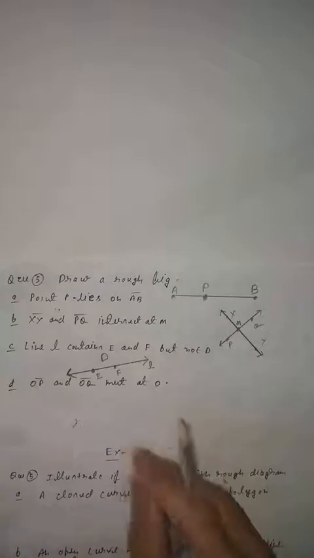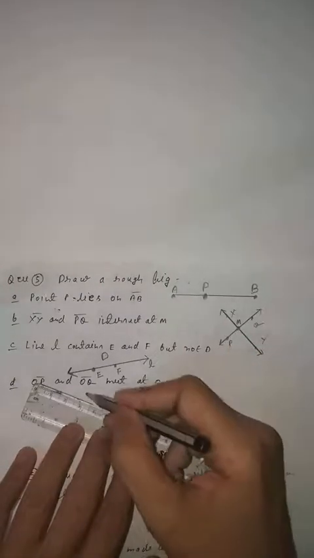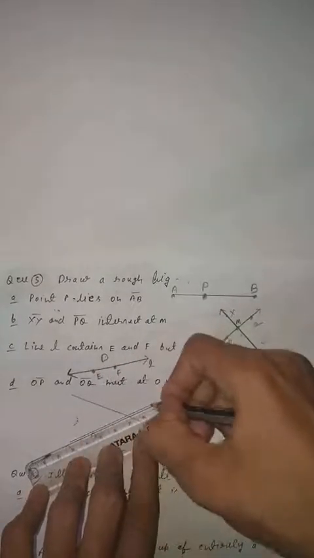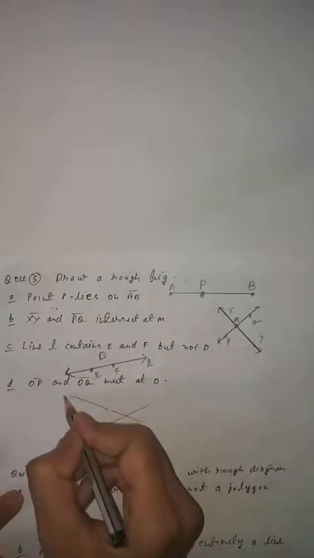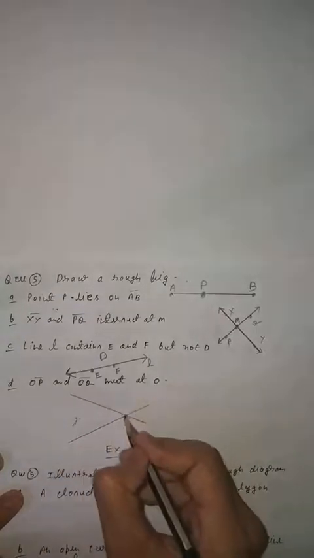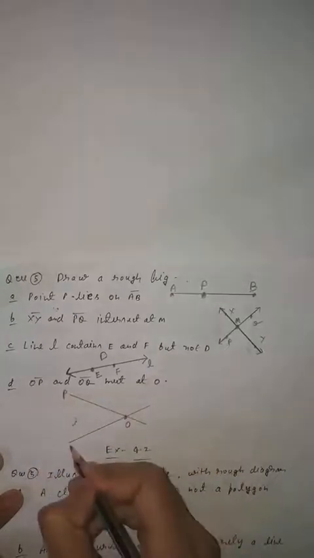Now OP and OQ meet at O. Clear, students? So how will you draw this? This is like this intersecting line. So you can draw like that. Clear, students? So here you write OP and OQ meet at O. So here O should be there, P you can write, and OQ.